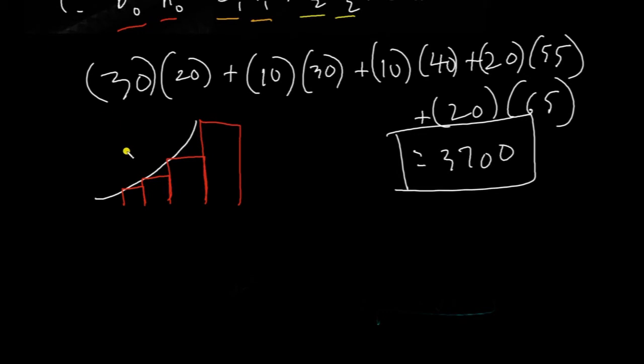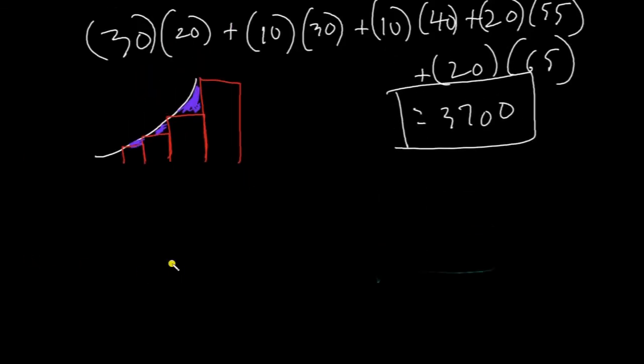So notice how we're leaving out some extra space in between, right? And that's causing this to be an underestimate. The actual value of the integral is going to be greater than what our estimate says, because we're leaving out some extra little gaps between each rectangle. So if the function is increasing, then our left Riemann sum is an underestimate, right?